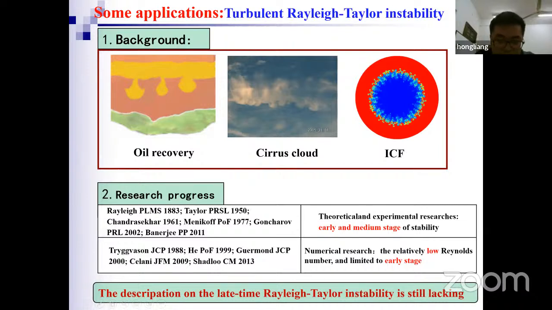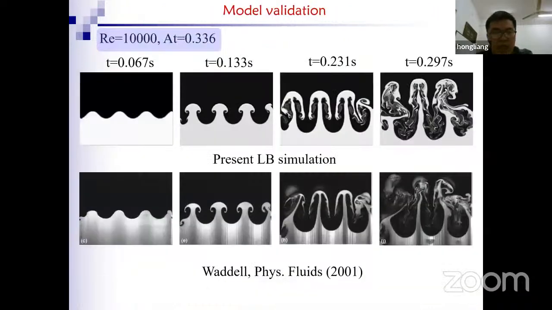In summary, the description of the late-time Rayleigh-Taylor instability is still lacking. Now we use the Boltzmann models to simulate this complex problem.